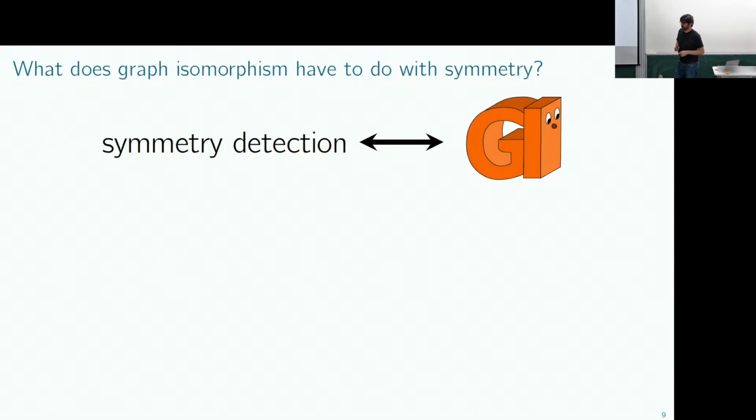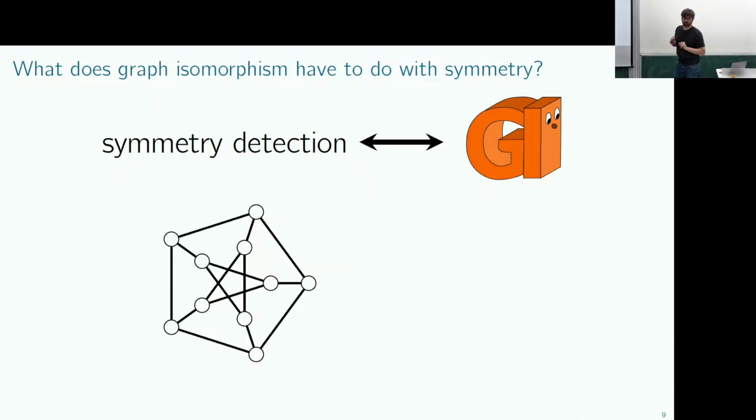All right. Now, I talked about automorphisms and symmetries, and I talked about the graph isomorphism problem. What's the connection? The core insight is that these two problems are the same problem. So the computation of symmetry and the graph isomorphism problem is the same problem, and that is why the problem is so important.